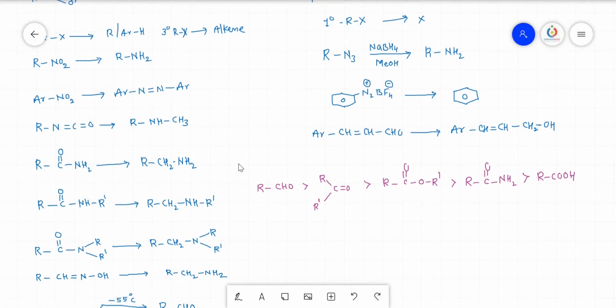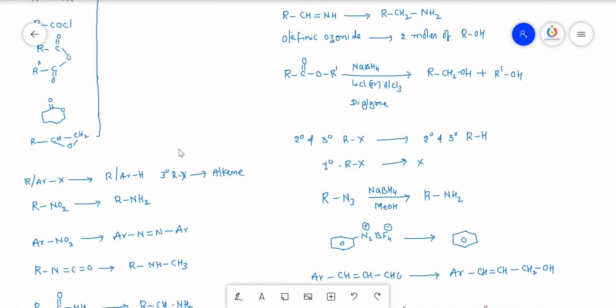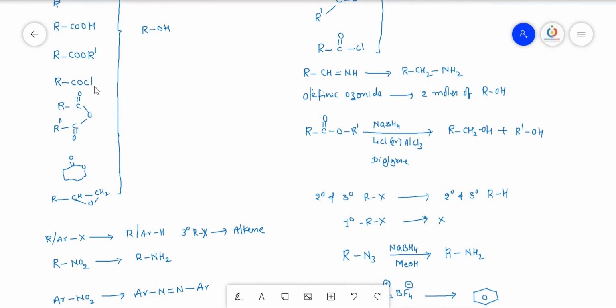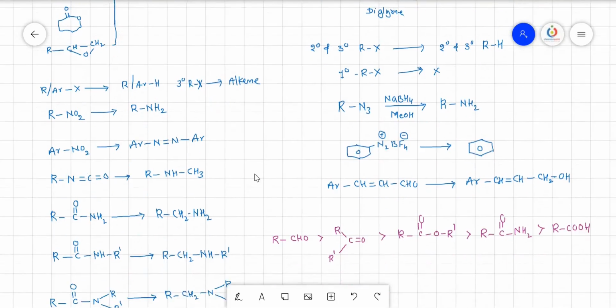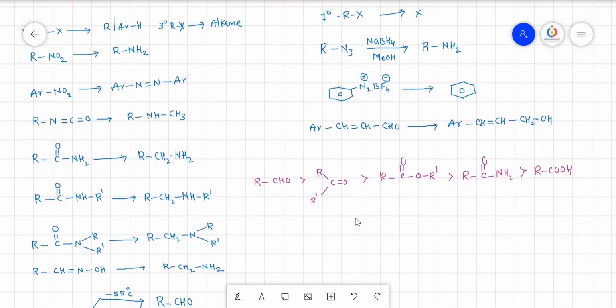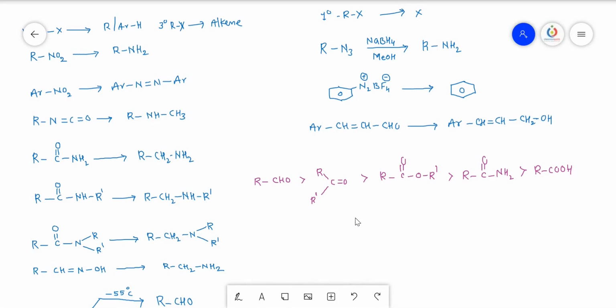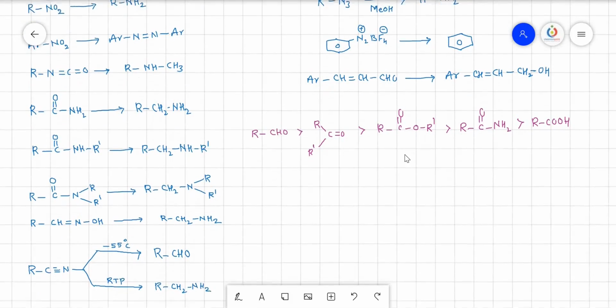Now, when it comes to lithium aluminium hydride reactions with different functional groups, among the carbonyl compounds and other functional groups, the reactivity towards lithium aluminium hydride is in this order. Aldehydes react very fast with lithium aluminium hydride, then ketone, next ester, next amide, next carboxylic acid.